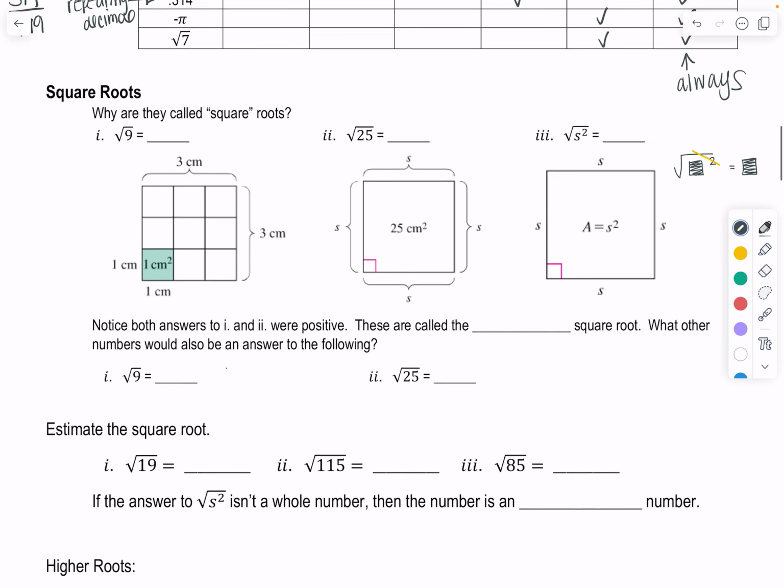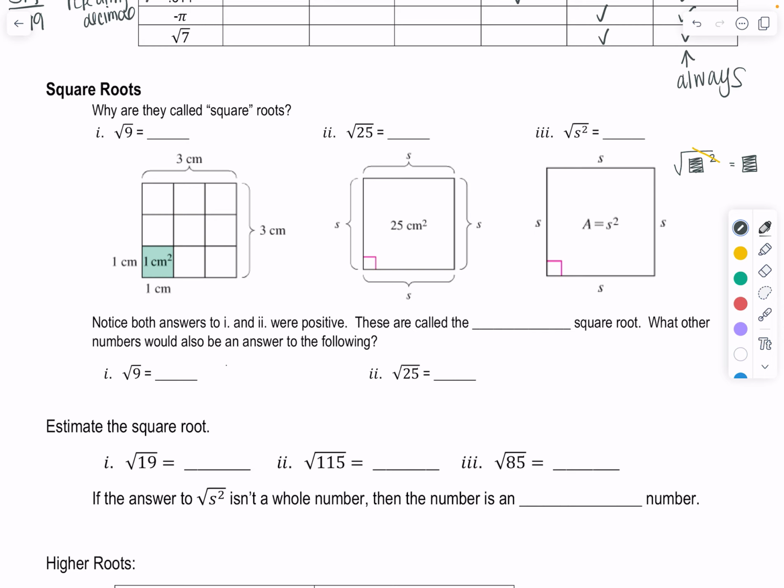All right, so now we're going to zoom in on just square roots. Square roots are called that because if you were to use that number of blocks, you could make them in a square. The length and width would be the same. And so a square root is a number squared equals whatever. We'll just say triangle.